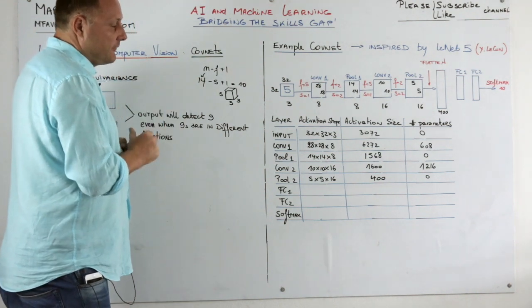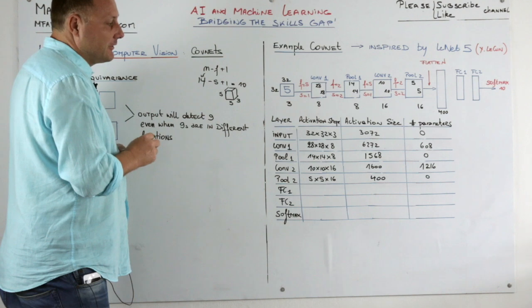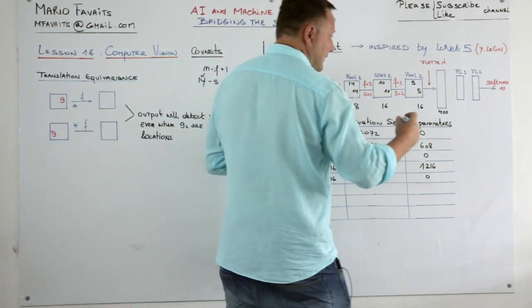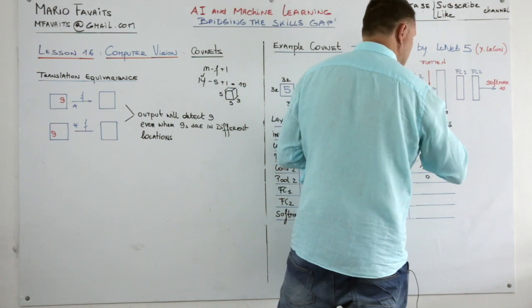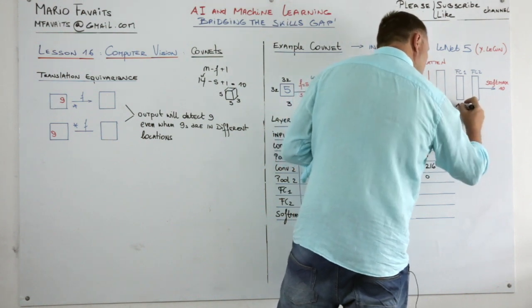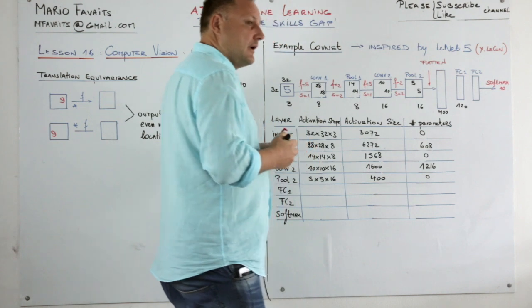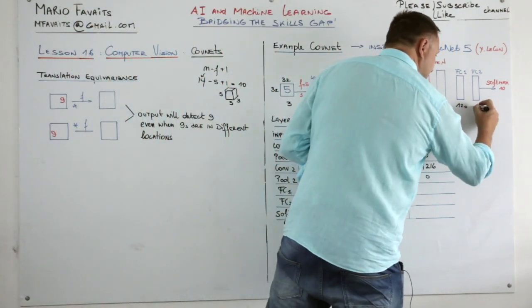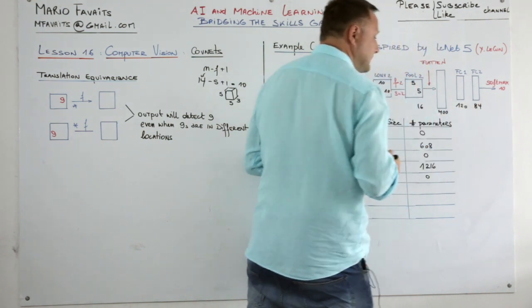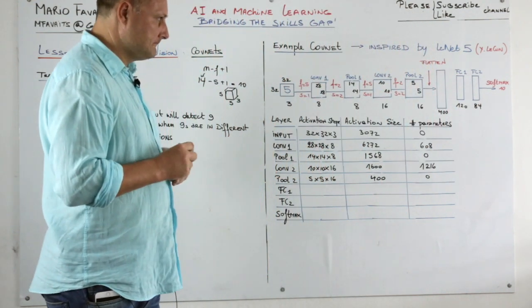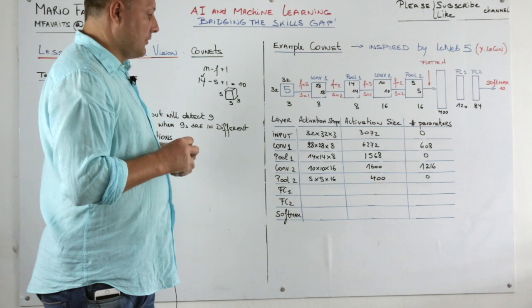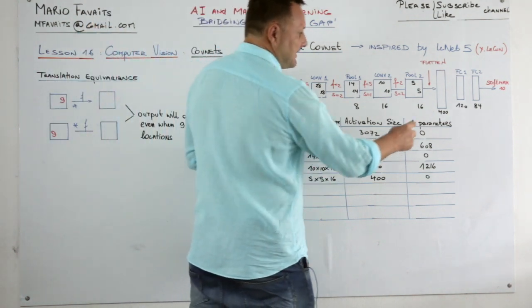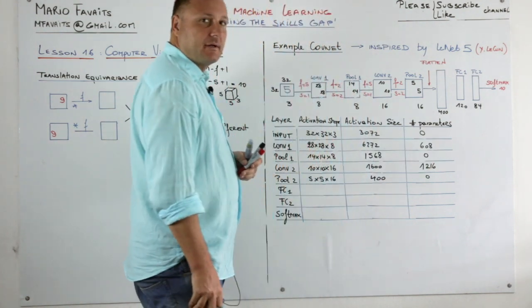All right. So for fully connected layer 1, we're gonna take 120 items, and the second one we're gonna take 84. So what is the activation shape here? Well, it's gonna be 400 times 120.